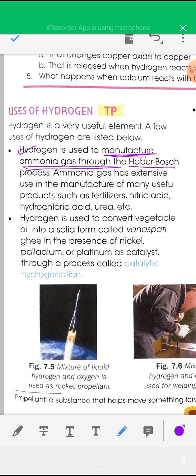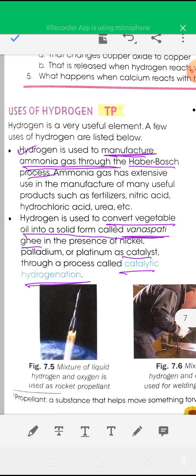Hydrogen is used to convert vegetable oil into a solid form called Vanaspati ghee in the presence of nickel, palladium or platinum as catalyst, through a process called catalytic hydrogenation.